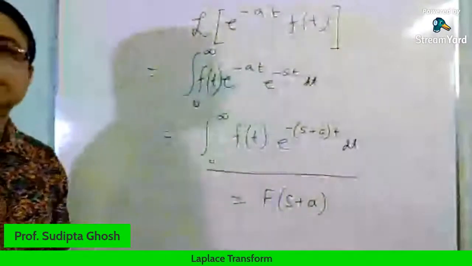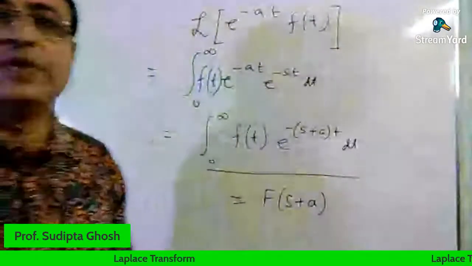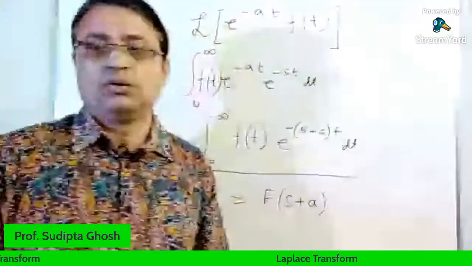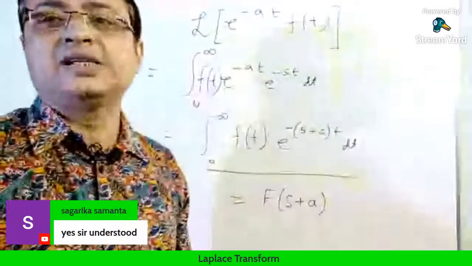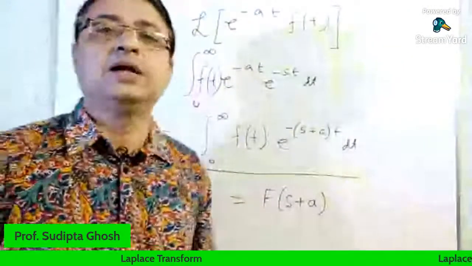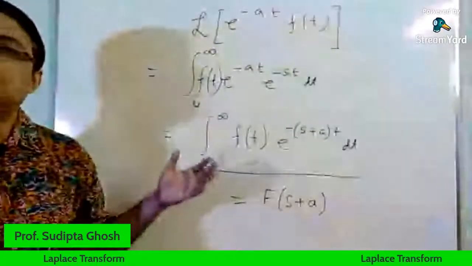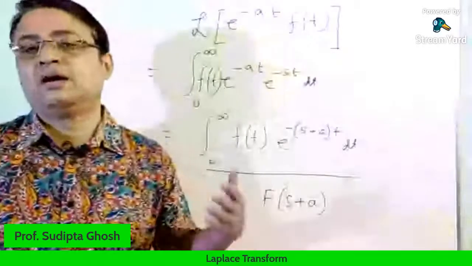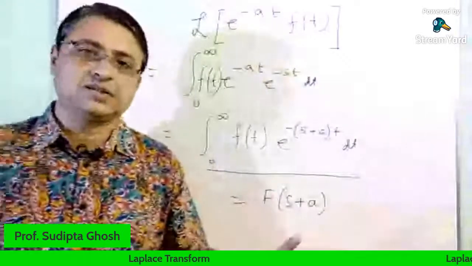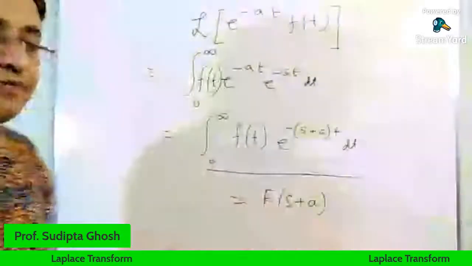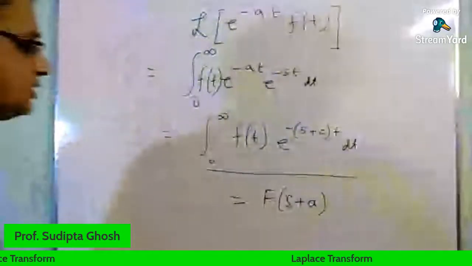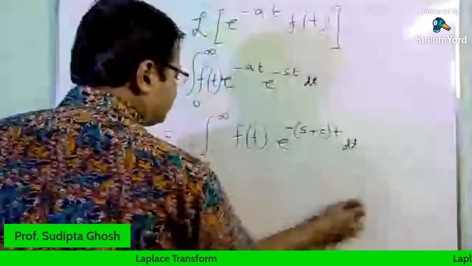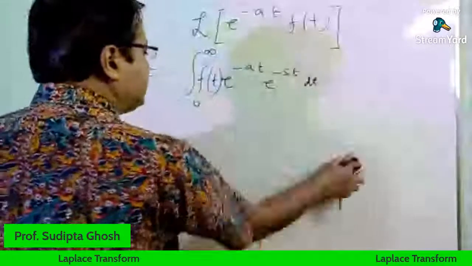So in this way, an exponentially damped function, okay Shagorika, can be transformed, or we can apply the Laplace transformation. Now let's check out the Laplace transforms of some exponentially damped functions.